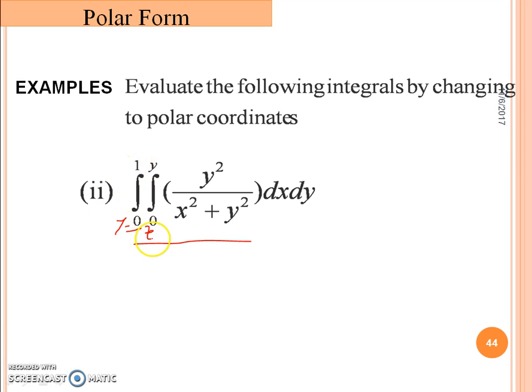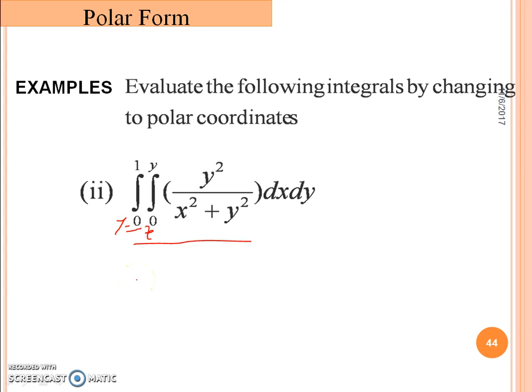If we draw the figure, y equals 0 again represents the x-axis and y equals 1 means a straight line parallel to the x-axis. And x equals 0 is the y-axis and x equals y represents a line passing through the origin.